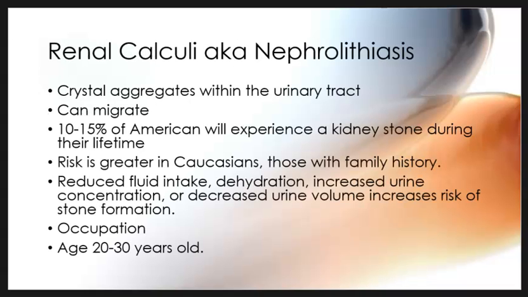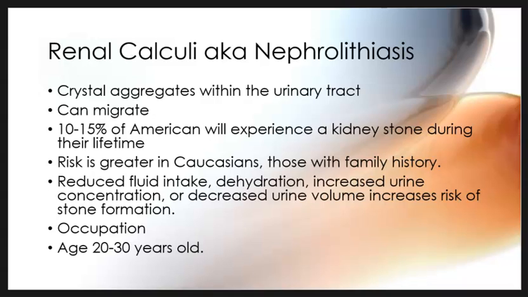So renal calculi or lithiasis is derived from the Greek word for stone. They are crystal aggregates composed of organic and inorganic material that are located within the urinary tract and can form obstructions. They can form within the kidney, the tubules, or in the collecting system. They can migrate to more distal structures.